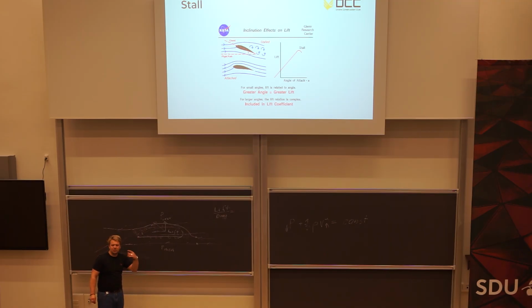You might have seen videos on YouTube of little strings on the wings, and they get all chaotic. That means there's air separation going on, and you get all kinds of currents moving around. And when that happens, you effectively lose all reasonable lift. So it goes from gaining lift to freaking nothing.